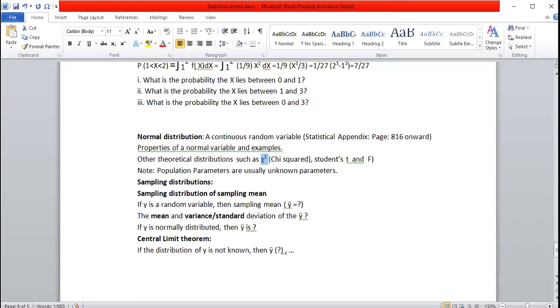Just to give you some sense, what is an F distribution? F is a ratio of 2 chi-squares. Now chi-square is what? It is a square of Z. F is a ratio of 2 chi-squares. So can F be negative? No. Can F get negative values?